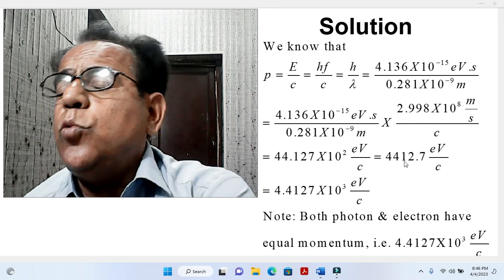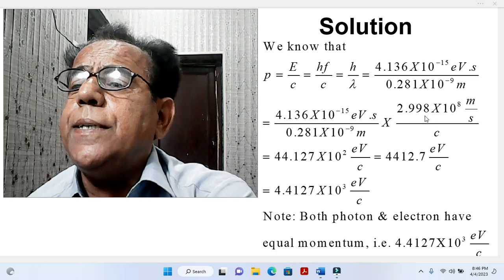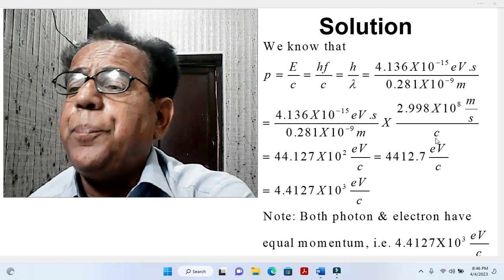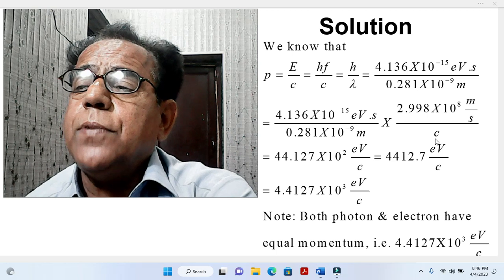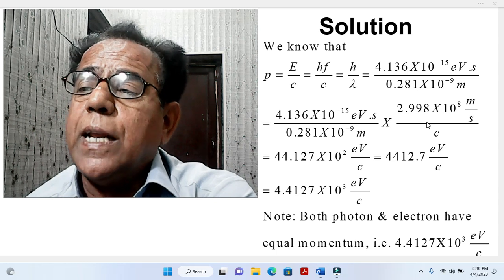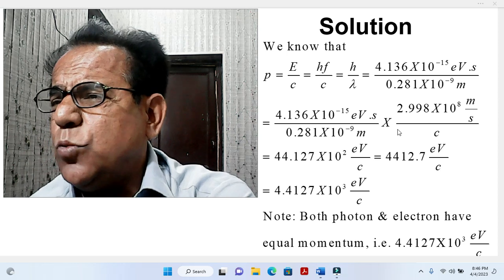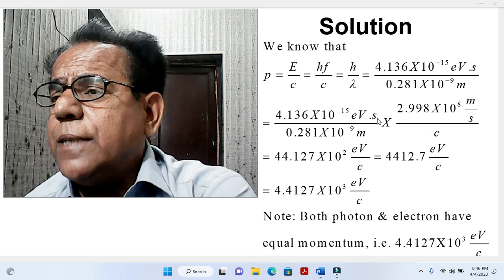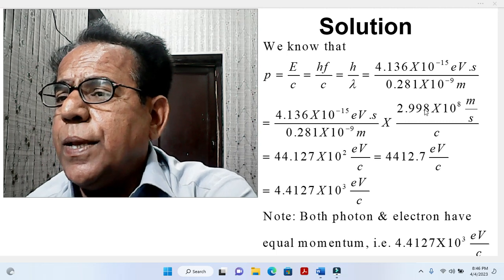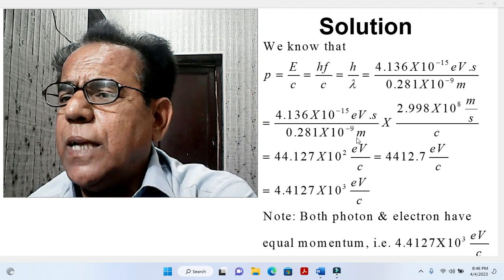The only difference is that in the numerator we have used the value of c in terms of meter per second, that is 2.998 into 10 to power 8 meter per second, but in the denominator we have kept c as it is. We have not used its equivalent value in meter per second. So dear students, here second will be cancelled with second, meter will be cancelled with meter, and we will be simply left with electron volt over c.